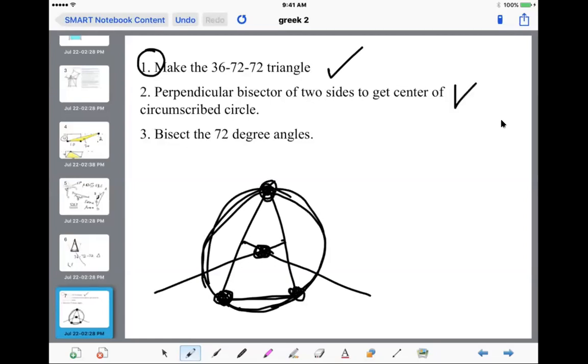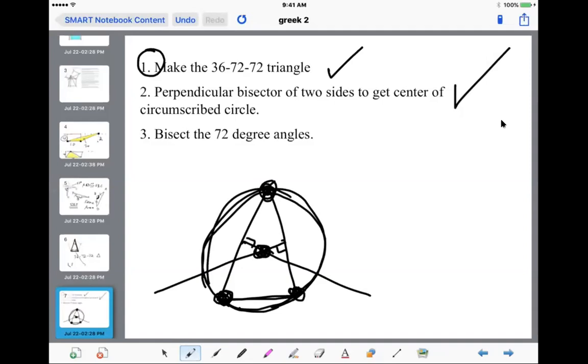So that's step 2. And again, I haven't told you about the circumscribed circle, but I'm just telling you now that it's a fact that if you draw a perpendicular bisector of two sides, they will intersect at a single point. And if you make a circle with that point as the center and a radius so the circle goes through any of the 3 vertices, it will always go through the other ones also.